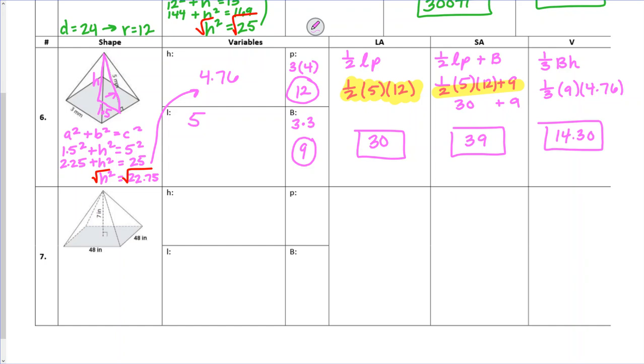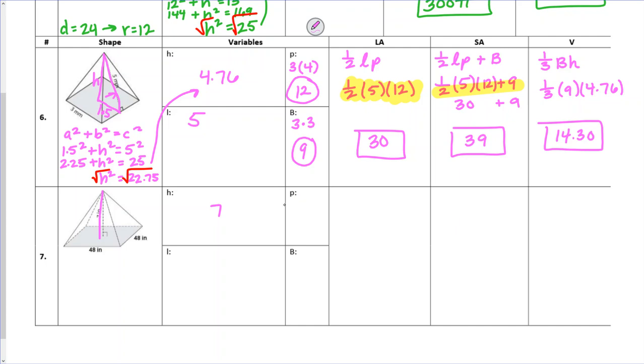All right, and the last one, number 7. It's another pyramid, so a lot of work for this. Let's label what we have. What we have from the point straight down. So point straight down is our height, so that gives us 7. Base is a square again, so one side is 48.